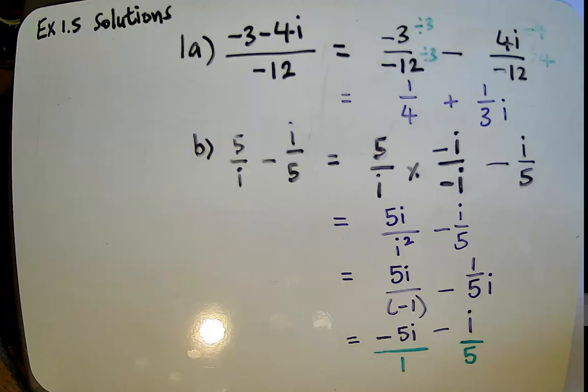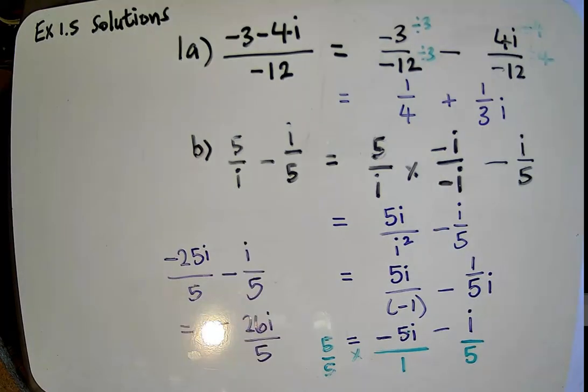And so we'll have negative 5i over 1 minus i over 5. So now we're going to need to find the lowest common denominator. So by multiplying the first term by 5 over 5, we'll get negative 25i over 5.